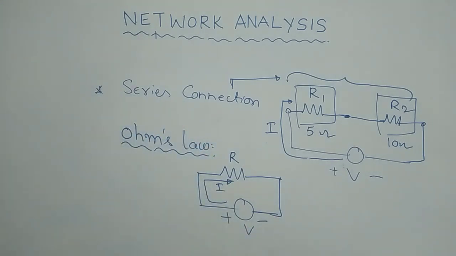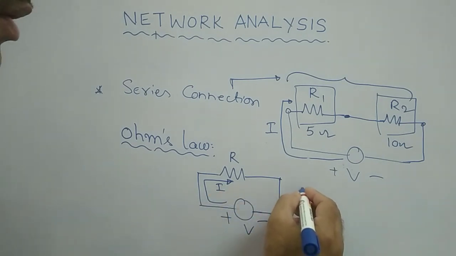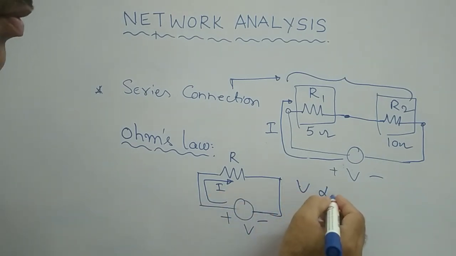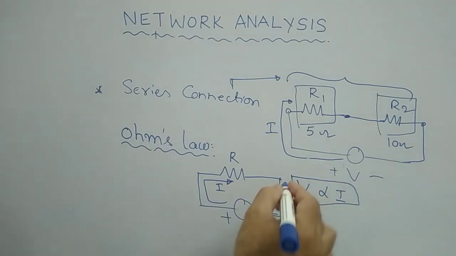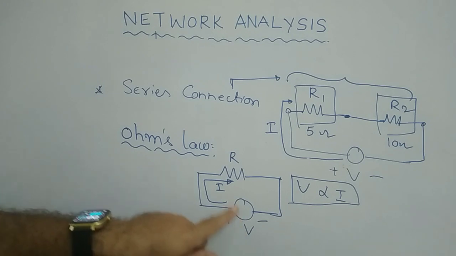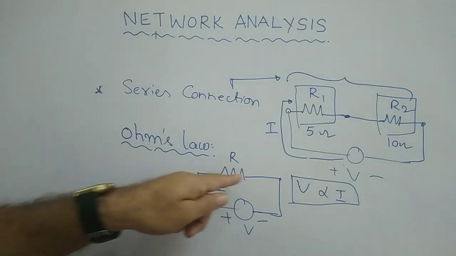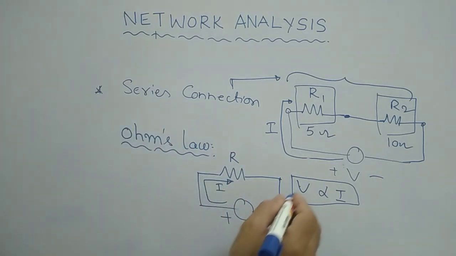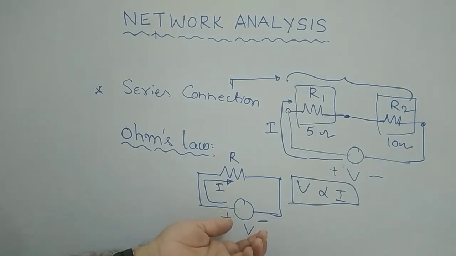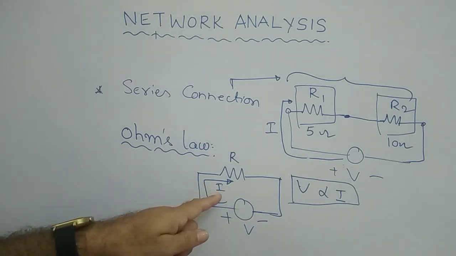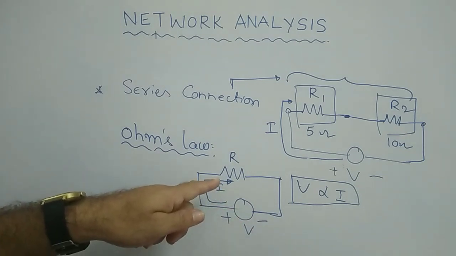Clear? Now here you see that V is proportional to I in this case. The applied voltage is proportional to the current flowing through that circuit, that is V proportional to I. Clear? It means that if the voltage increases, correspondingly the current flowing through the circuit also increases.